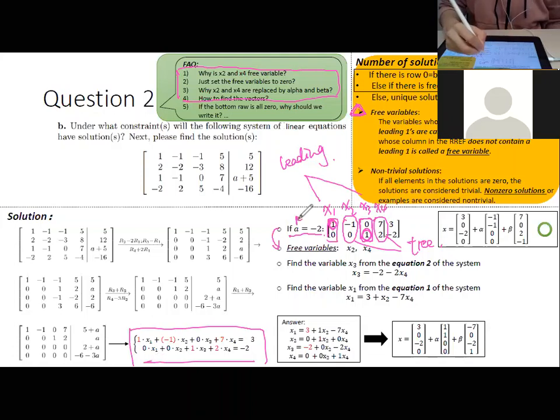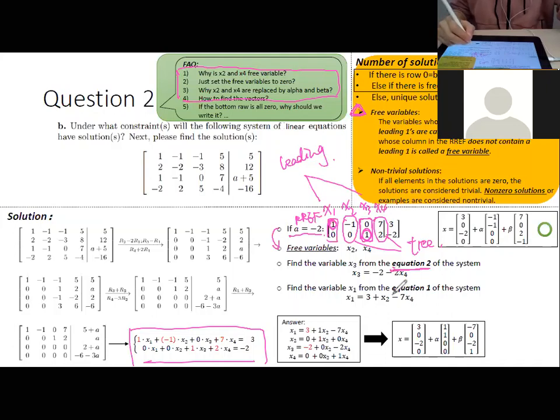After we get the RREF here, again, we can write down the corresponding linear systems. And I marked the non-zero coefficients red again. So you can see here, after solving equation 2, we can get x3 equals minus 2 times x4.